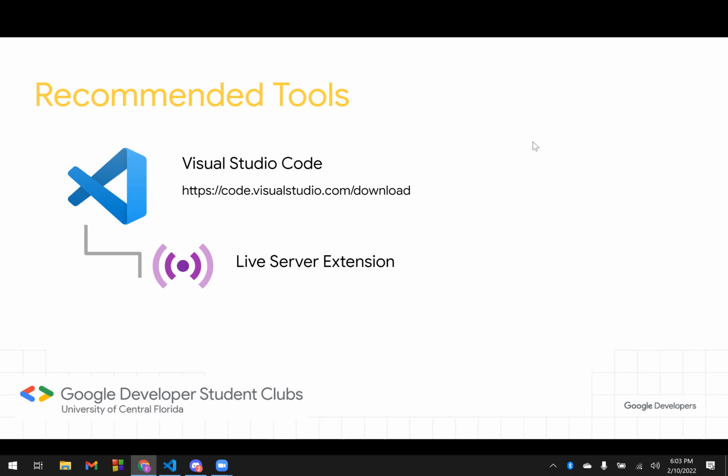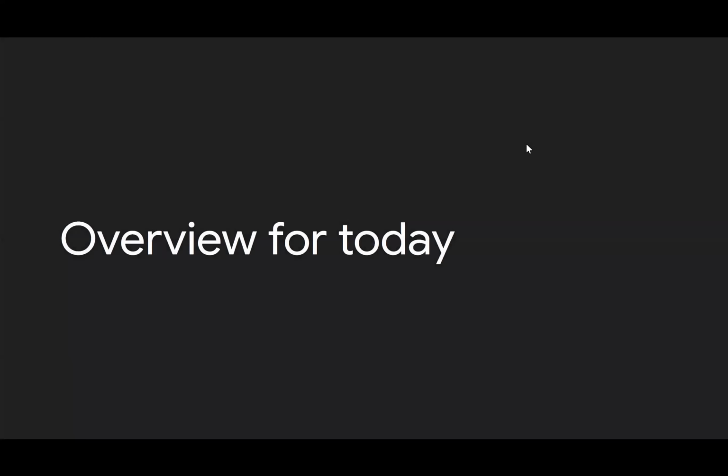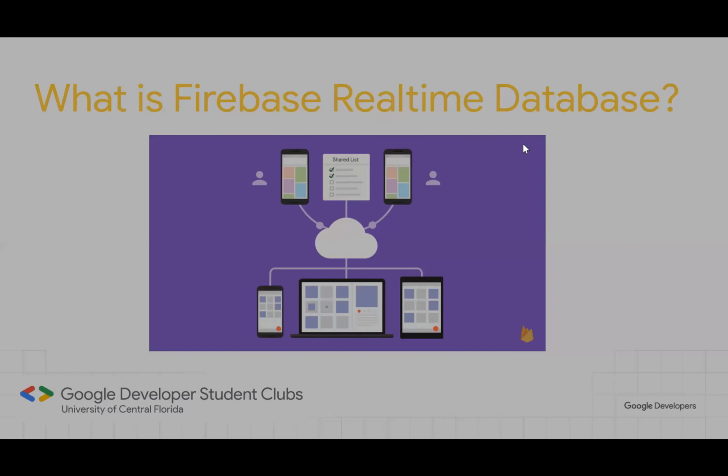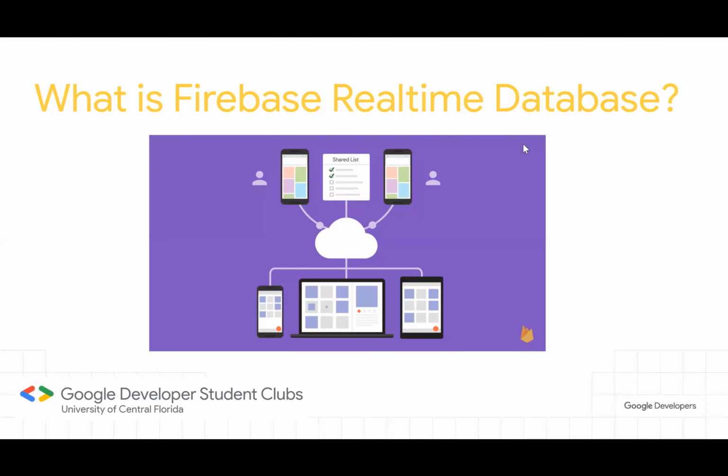Moving forward, before we actually dive into the low-level stuff, I'm going to give you guys a high-level overview of Google Firebase today. First question: what is Google Firebase, and more specifically, what is Firebase Realtime Database?